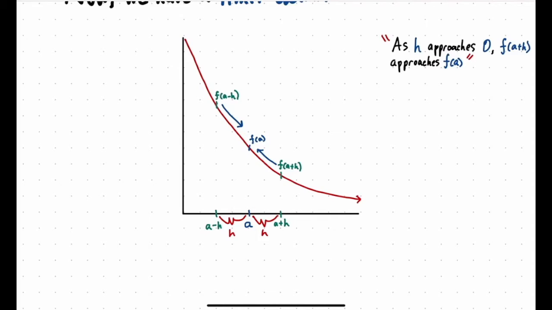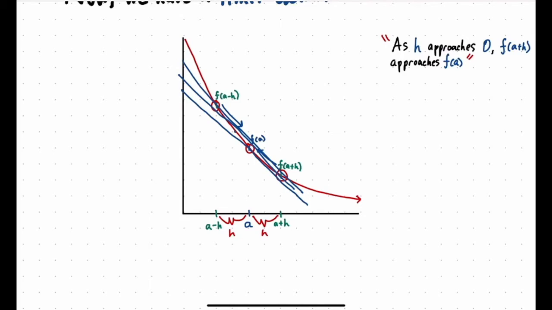This point is getting closer and closer to this f of a right here. So if we were to draw a line between these points, and then made them even closer to f of a, then they'd be through here, and if you made them right next to f of a, just sandwiched against it, it would virtually be the tangent line.